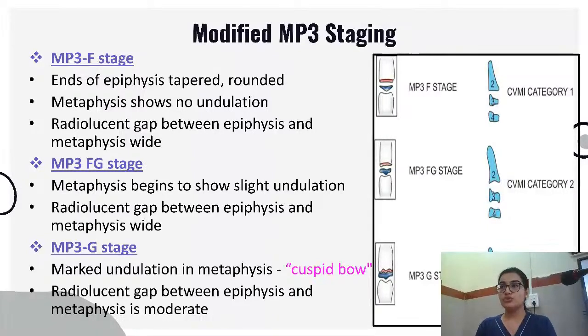The metaphysis shows no undulation, and there is a radiolucent gap between epiphysis and metaphysis. In MP3FG stage, the metaphysis begins to show slight undulation, and the radiolucent gap between epiphysis and metaphysis is wide. In MP3G stage, there is a marked undulation in the metaphysis giving a cupid bow appearance, and the radiolucent gap between epiphysis and metaphysis is moderate.